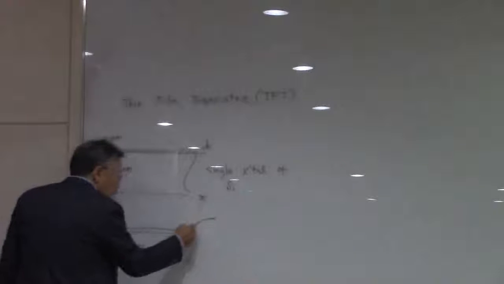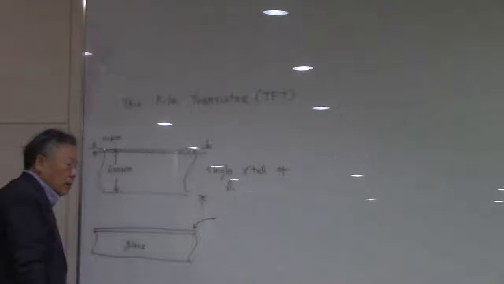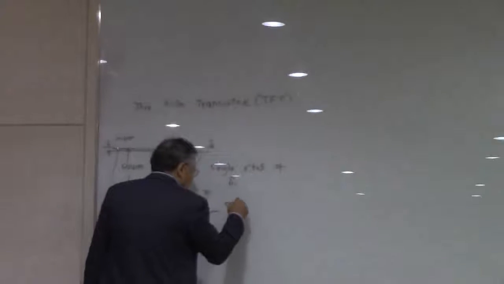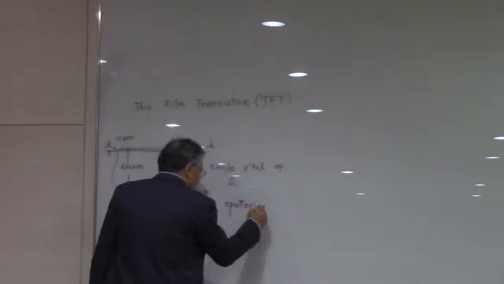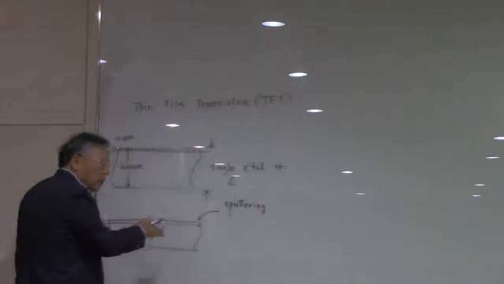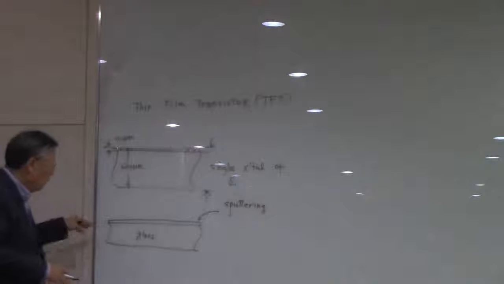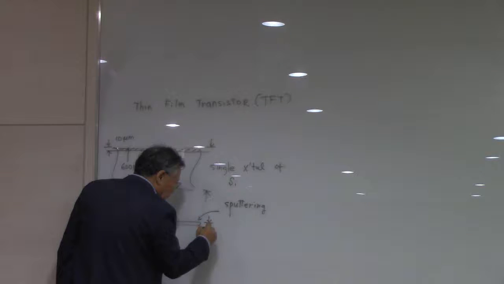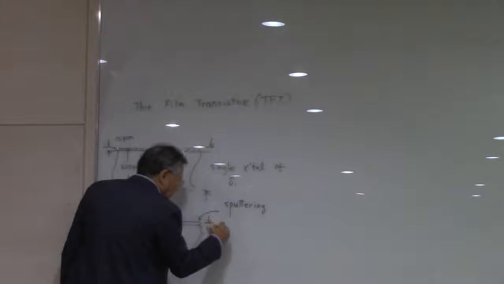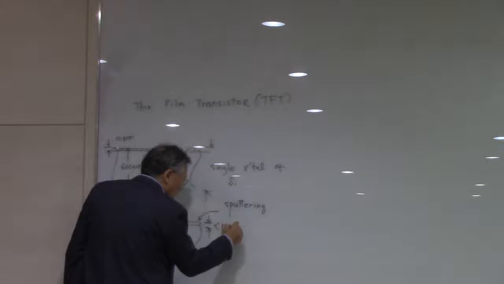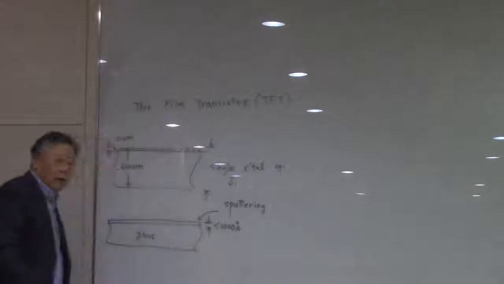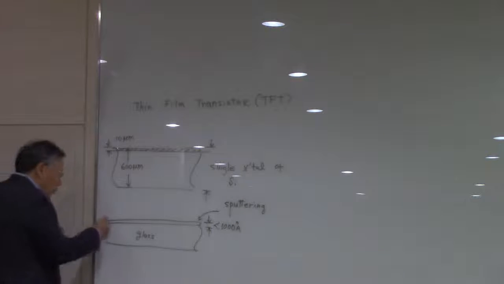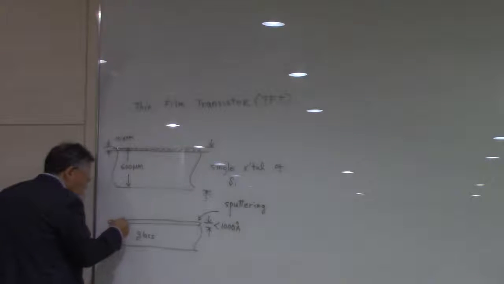And usually we use sputtering for the deposition of silicon on top of the glass, and the thickness is less than 1,000 angstrom. That's very, very thin, right? That's very, very thin.